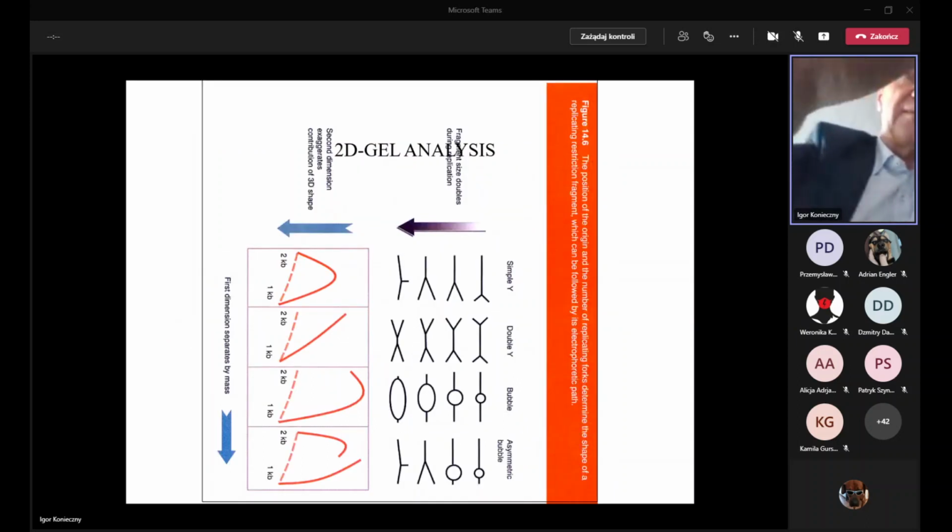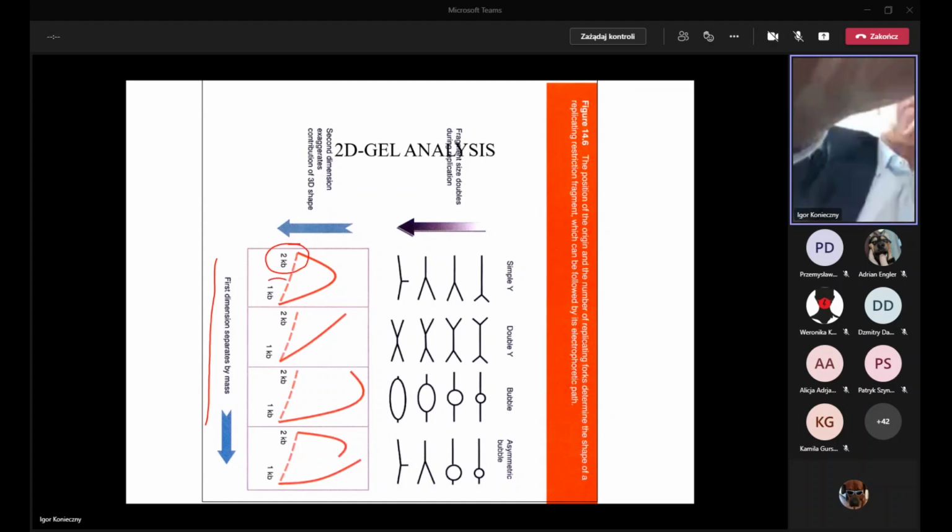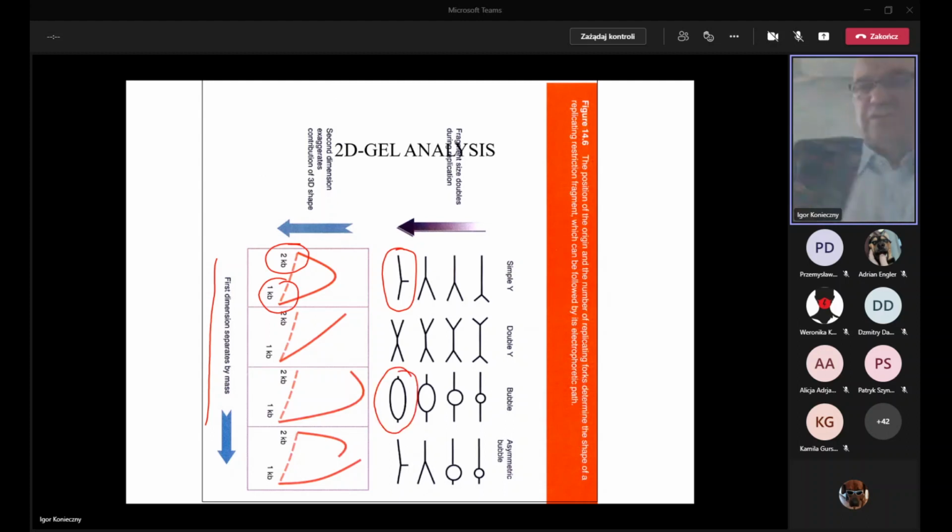So the first dimension separation is by mass. On the top you will finish with 2 kb, at the bottom 1 kb, and you will have a separation of Ys of different sizes, but no distinction. A 2 kb Y would be the same on the gel as a bubble-like structure.